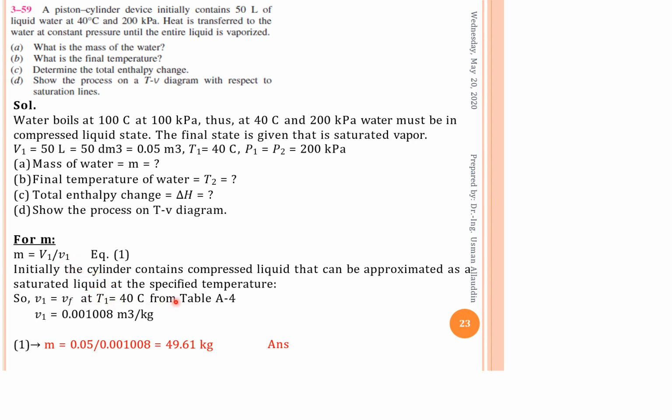By looking into table A4, as temperature is given to us, we will find our specific volume value, and we also know our V value, which is 0.05 m cube. So if we divide these both values, we will get 49.61 kg. So this is how we get our mass.